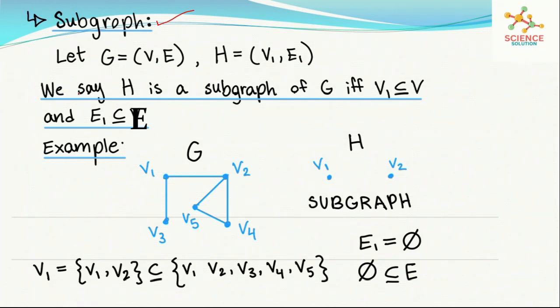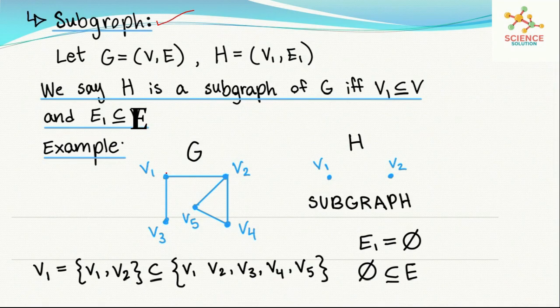We say H is a subgraph of G if and only if V1 is a subset of V, meaning that the set of vertices of H is a subset of the set of vertices of G, and E1 is a subset of E, meaning that the set of edges of H is a subset of the set of edges of G.